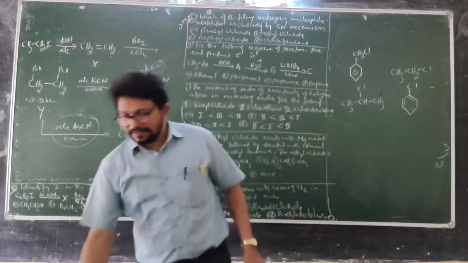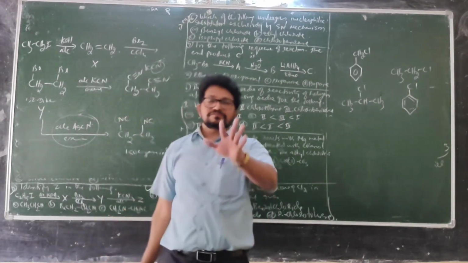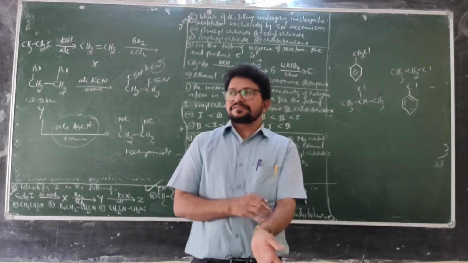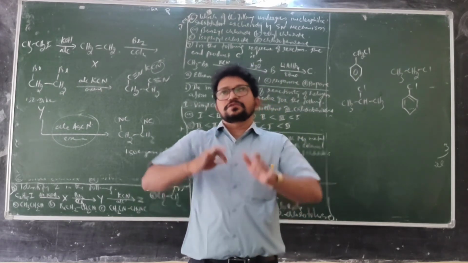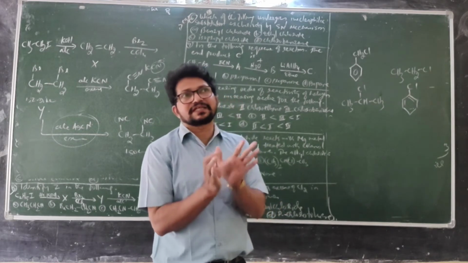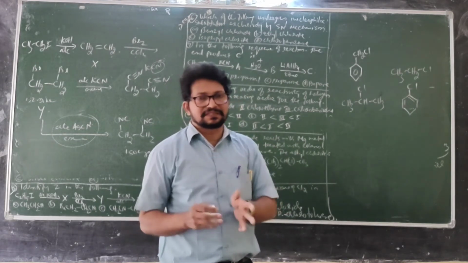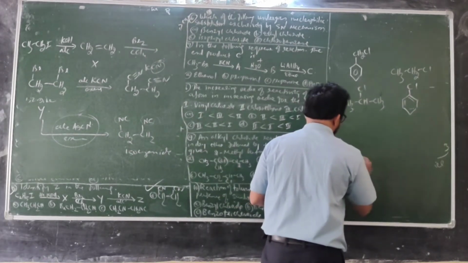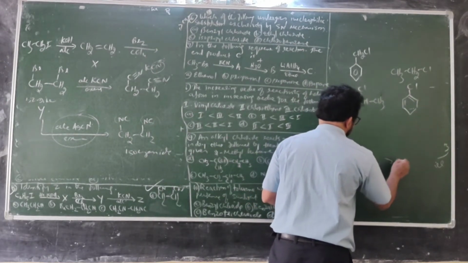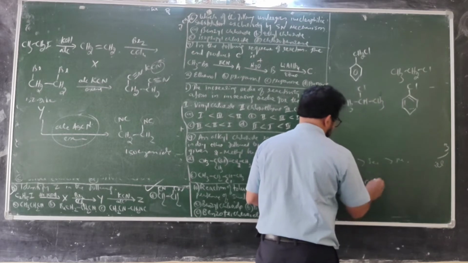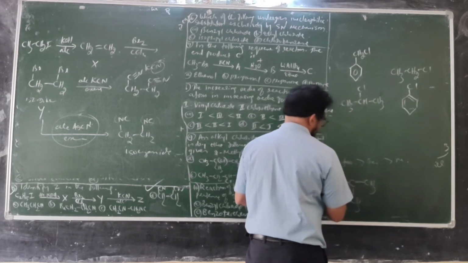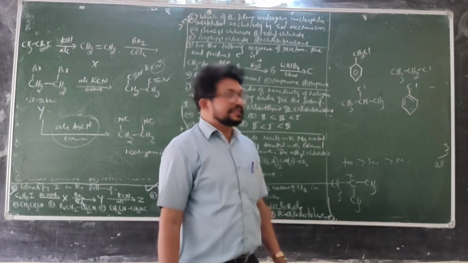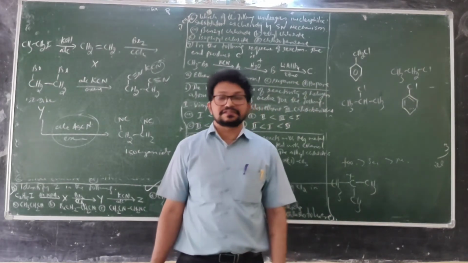See, SN1 and SN2. What are the things you know? See, SN1, now you know only this one: tertiary greater than secondary greater than primary. Is it correct? Do you know why tertiary greater than secondary greater than primary? Tertiary, for example tertiary butyl carbonate if you take, has a lot of steric effect.